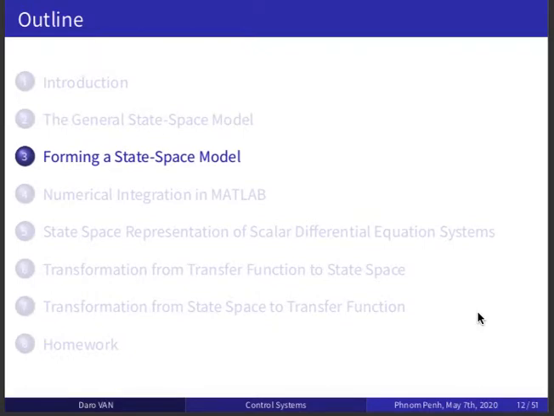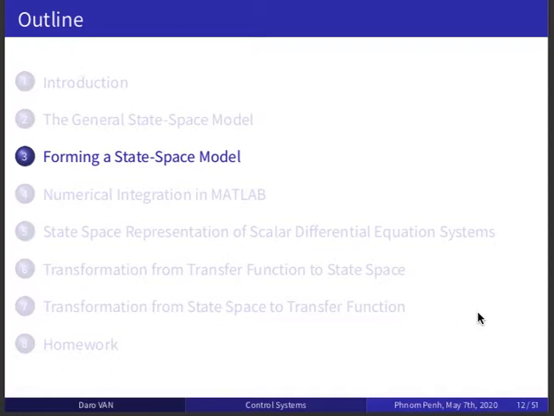Okay. Let's move to the next section, which is forming a state space model. In this section, you will learn how to form a state space model. From the previous lectures, you learned how to model mechanical systems and electrical systems.